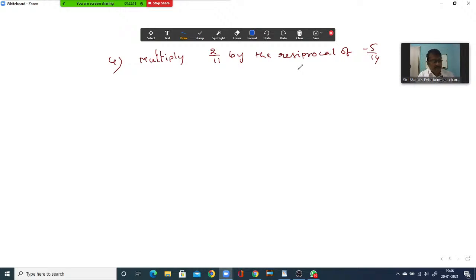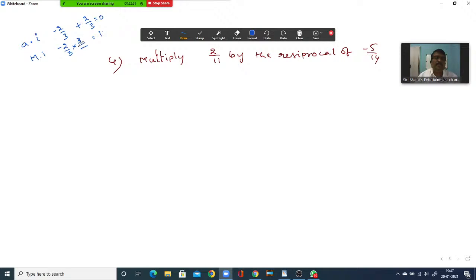Can anybody comment on this? We know multiplicative inverse, and we also know additive inverse. So the additive inverse of minus 2 by 3 means plus 2 by 3. When we add these two, we get 0. Multiplicative inverse means, what number when we put in this dash gives 1.